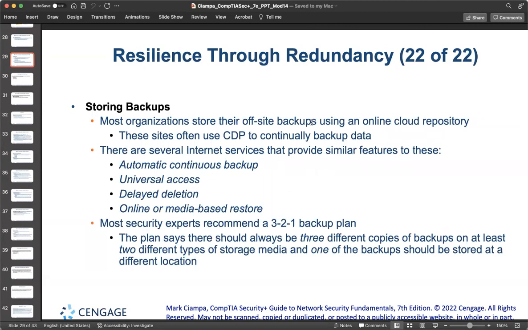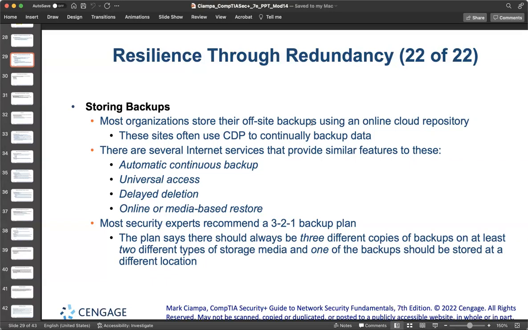Of course, you're going to be using more advanced technologies, more advanced backup tools when you want to use CDP. Most organizations store their offsite backups using an online cloud repository. These sites often use CDP to continually back up data, having those snapshots, those last known good configurations, back to the cloud, so that in case of a disaster, let's say a physical disaster, their backups are not gone and done.